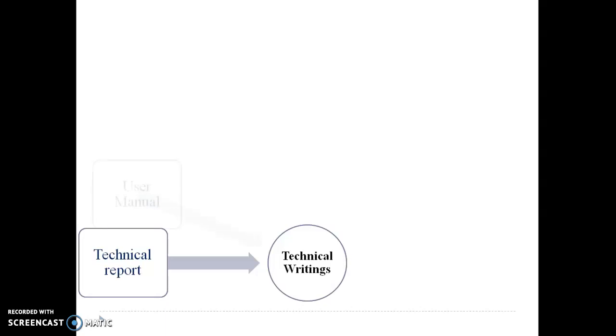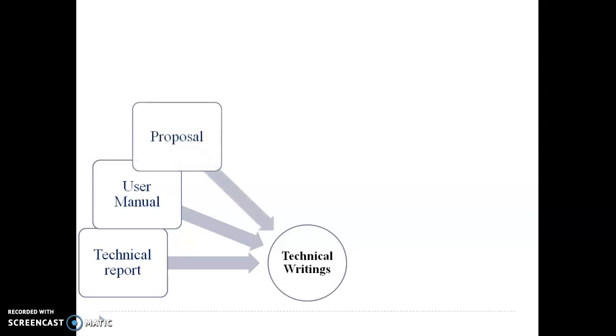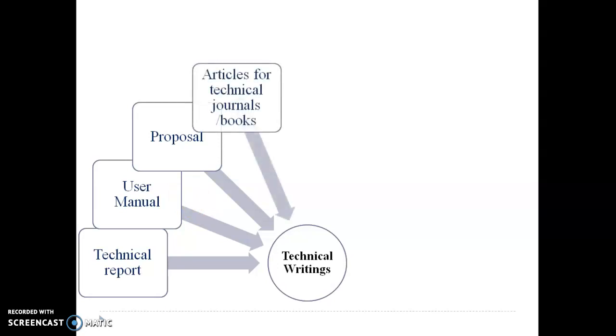Next is a user manual, that is generally a document written to instruct somebody to use any technology. Then a proposal is written when you want to undertake any project.